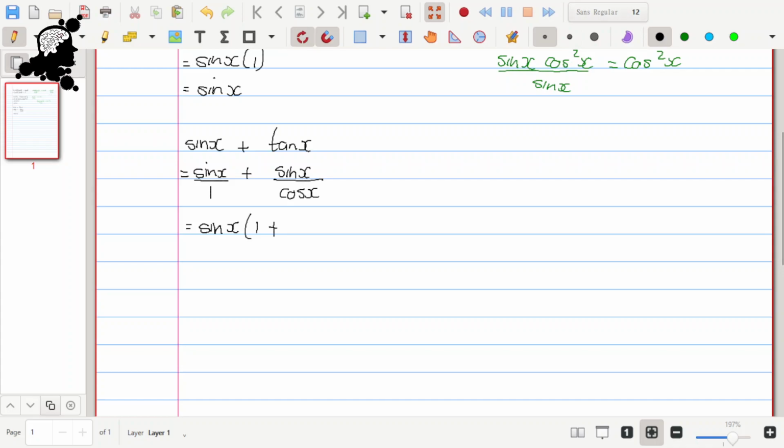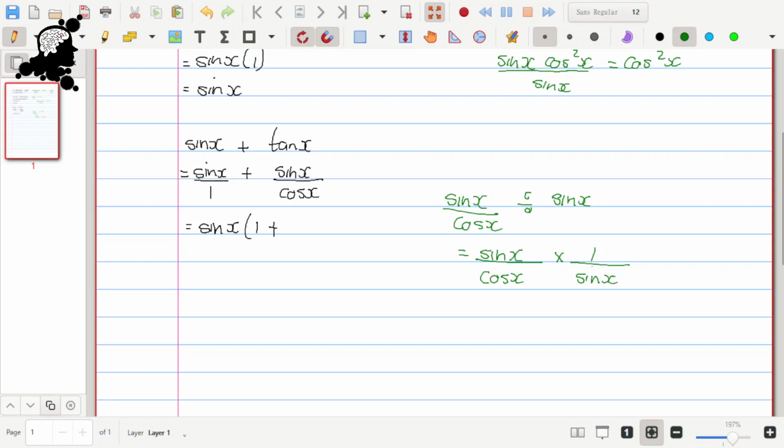Now let's look at what happens when we divide the second expression. So we've got sine of x divided by cos of x, divided by my common factor. You would remember that this is going to give you sine of x divided by cos of x multiplied by 1 over sine of x.